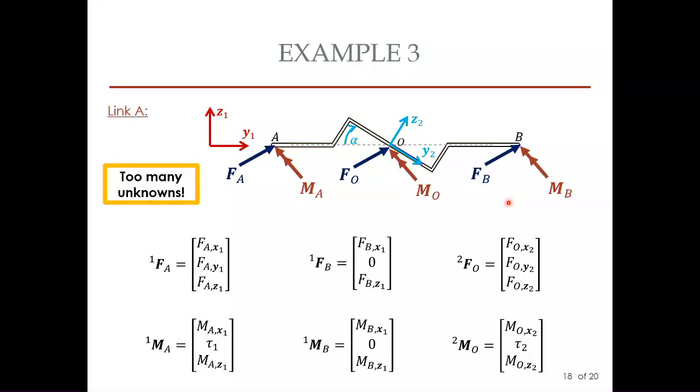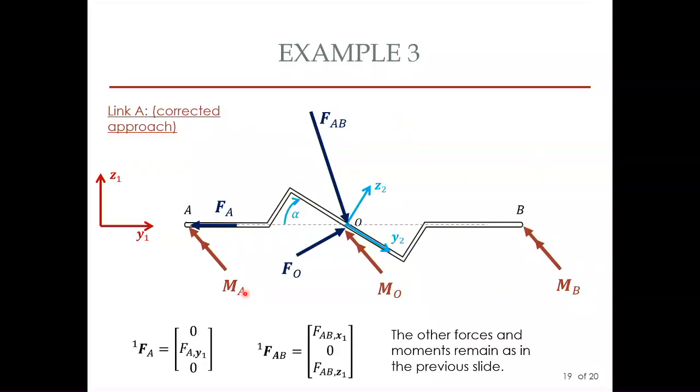So what happens here at B, if you want to resolve it, this FB x1 and this FA x1, and this FB z1 and FA z1, you can treat them the same for the sake of dynamics modeling. So I changed it this way.